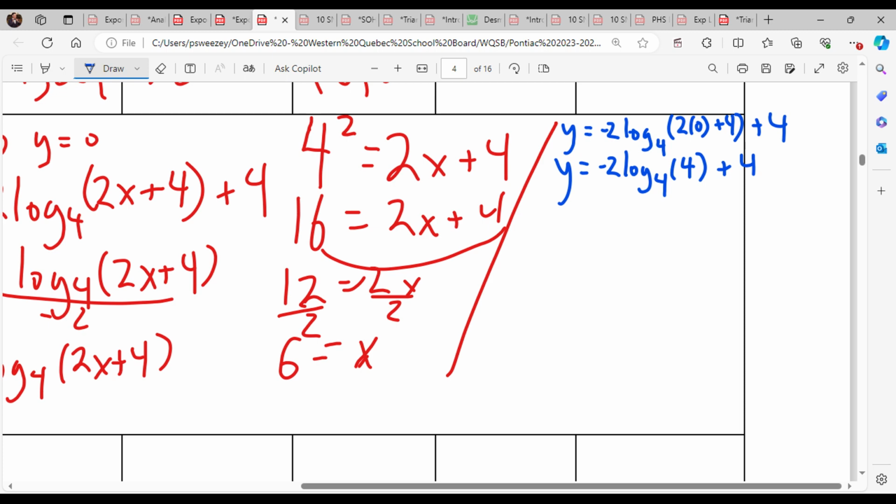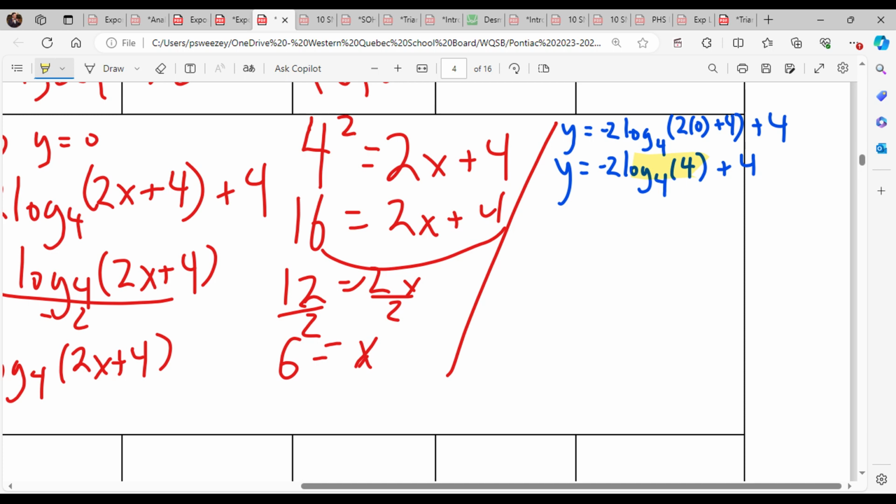Right now, what do you think you would solve next? Think about it. On the last guy, when we were solving for an x, we worked outside in towards it. When we solve for a y with functions like this, we always work our way inside out. So how do you do log 4 of 4?